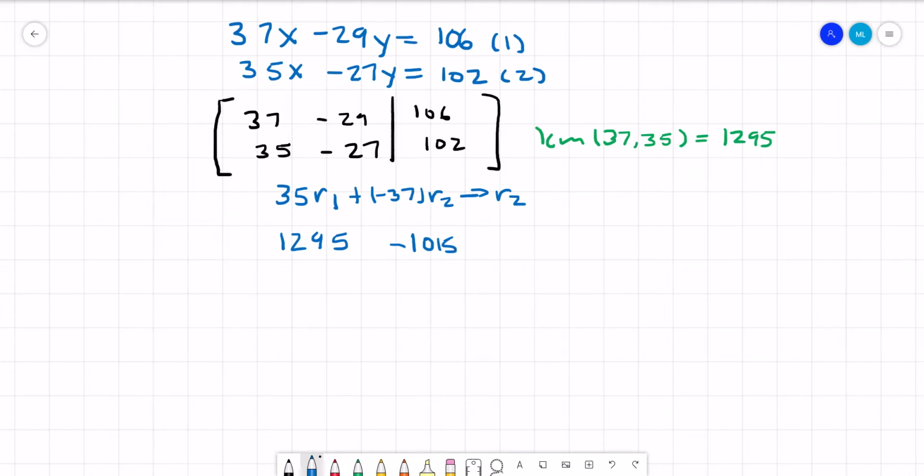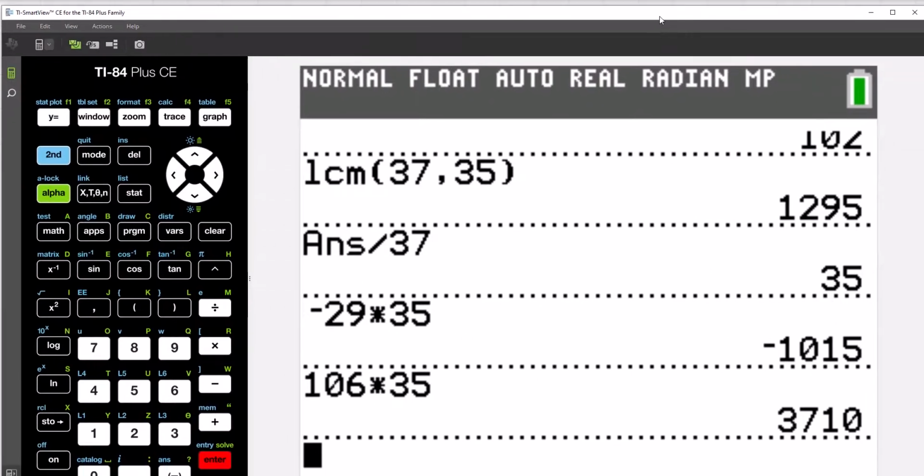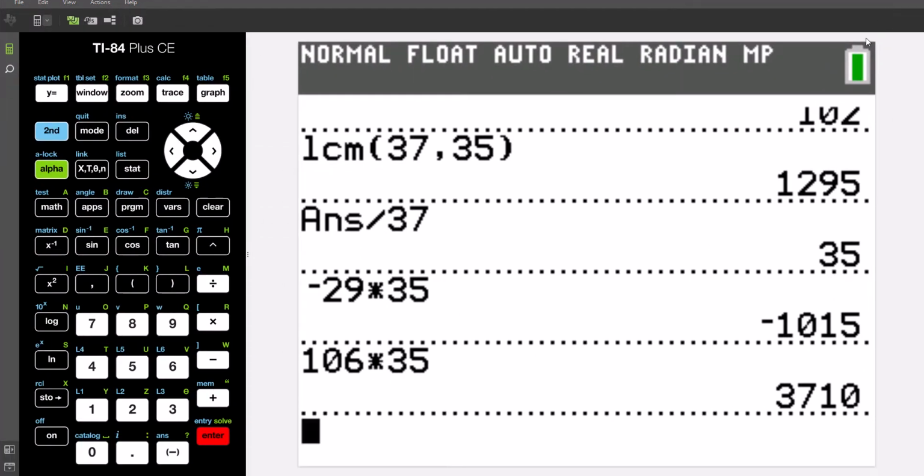But we also need to do 35 times 106. Well, we said 35, right? Yeah, so 35. So that's 3710. I'm working it out on a calculator over here, which I can show if needed.